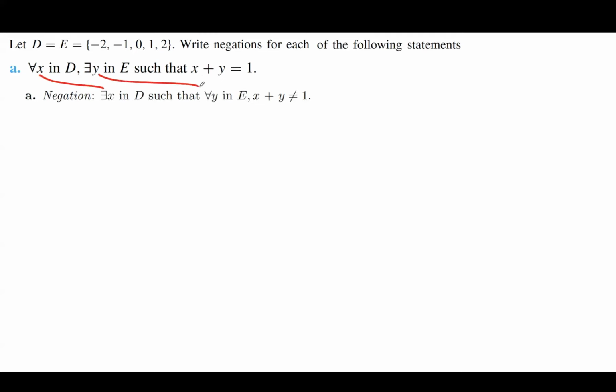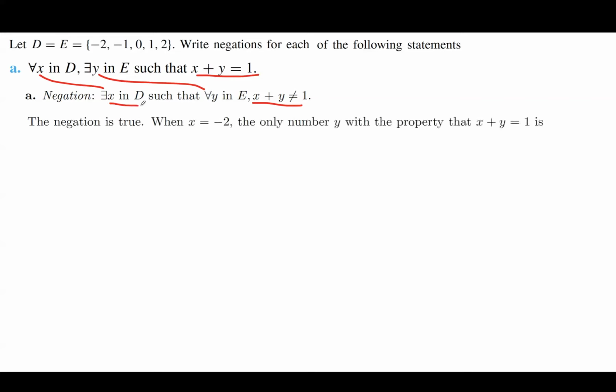The negation of existential is universal, and then we negate the statement itself. So it says there is an x in D such that no matter what you choose for y, x plus y is never 1. The negation is a true statement. Why is that?